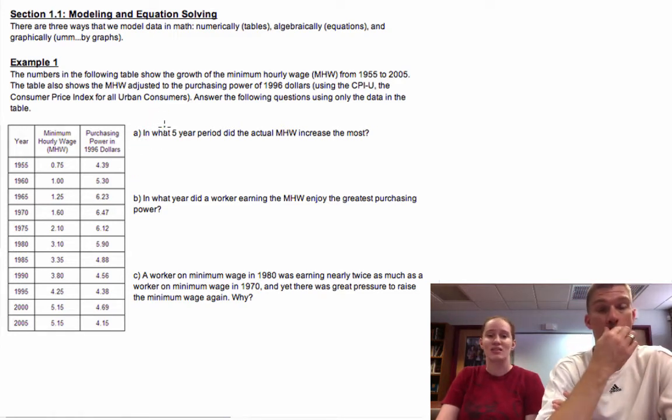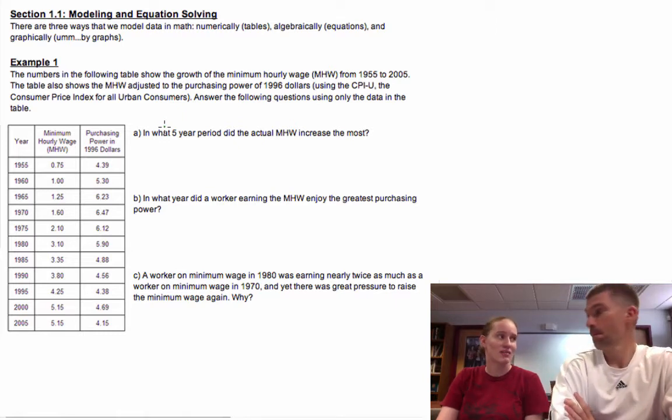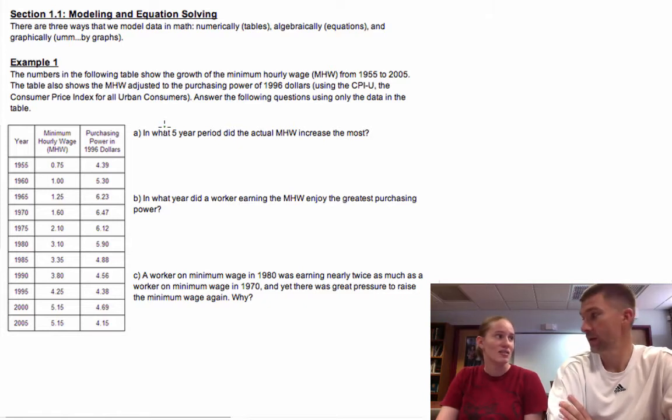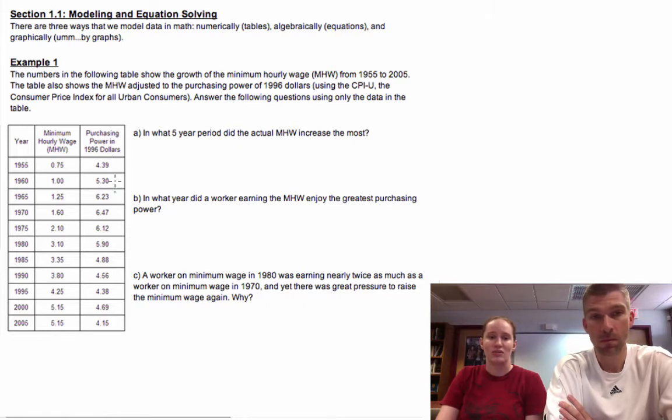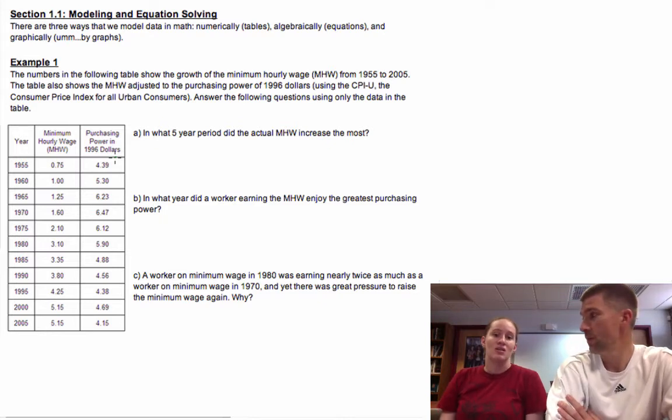Because 75 cents in 1955 is not like 75 cents now. You can't even buy a Coke for 75 cents now, but back then you could get one for like a nickel. So this other column shows, on a more standardized line, what that amount would have been worth in 1996, in a dollar amount that we would be more familiar with.